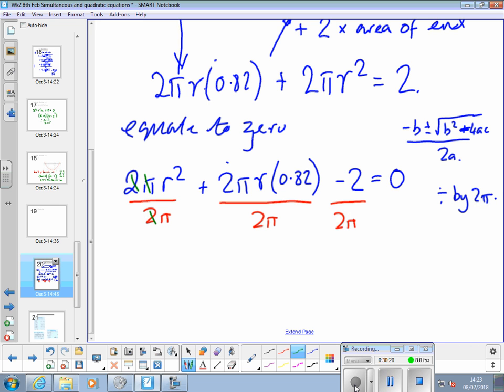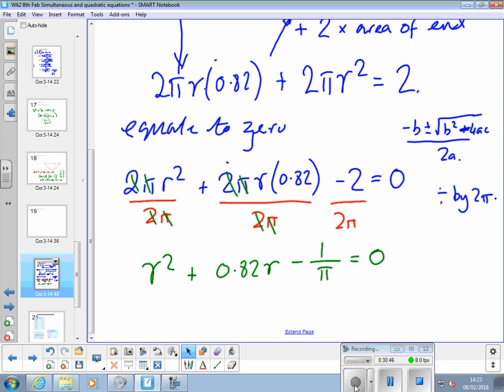So that cancels, that cancels. This becomes minus 1 over pi. So we have r squared plus 0.82 r minus 1 over pi equals 0.